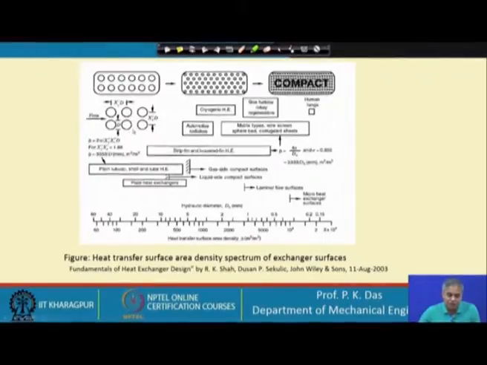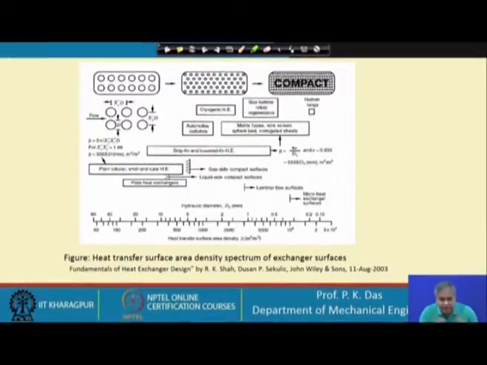Here some details of the geometry have been shown: XT, XL, D. This is the pitch between two tubes, and on this side there is another pitch between the two tubes. D is the diameter of the tube, and from elementary geometry we get beta with this particular relationship. So beta can be calculated; that is the whole idea, that knowing the geometry of the heat exchanger we can calculate beta.